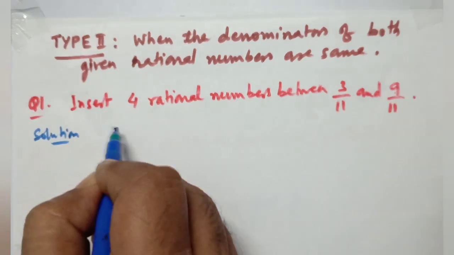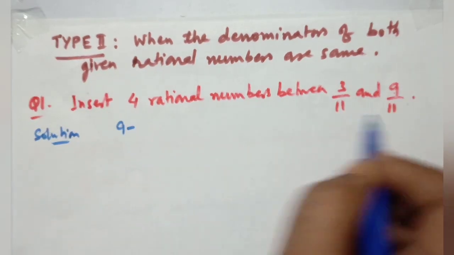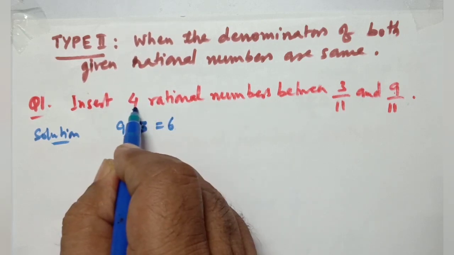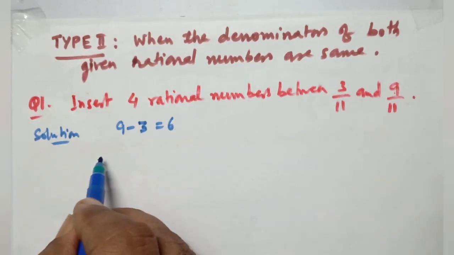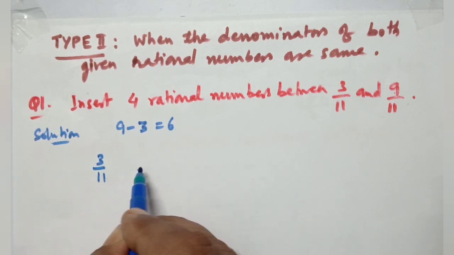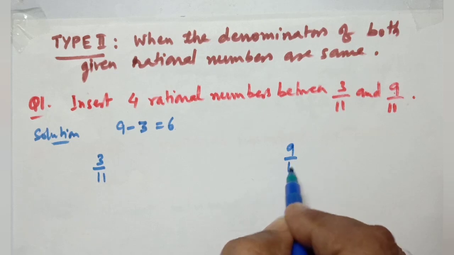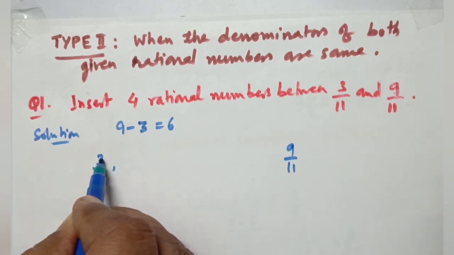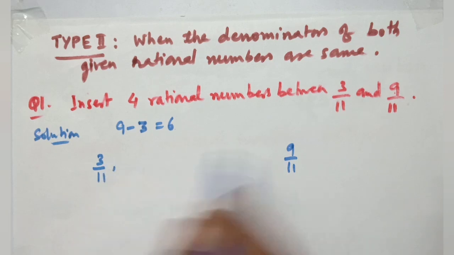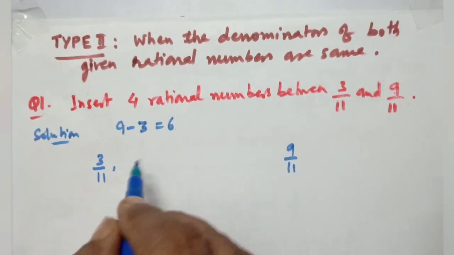First check, denominators are same, so 9 minus 3 is 6, which is more than 4, so we don't have to do anything. So just you write 3 by 11 and 9 by 11. So you write any number between 3 and 9 and denominator will be 11. That number will be always between these two numbers.